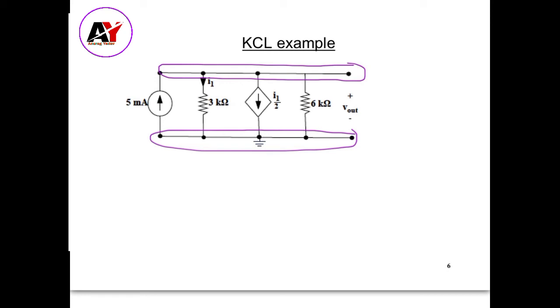So let's assume that we've got a current over here that's flowing in this direction, and we'll call it I2.